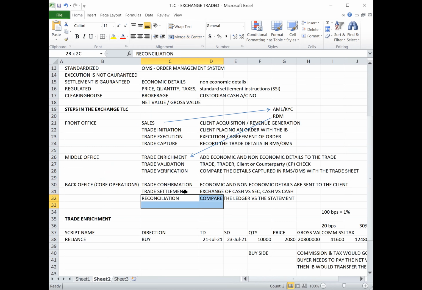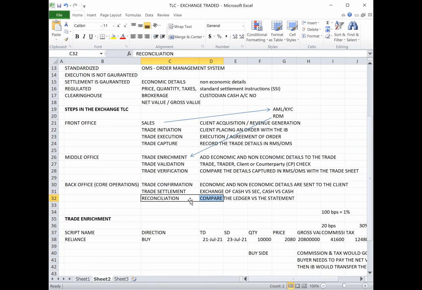Then after the trade is settled on T+2, the next day or on the evening of T+2 or on T+3, reconciliation happens. What is reconciliation? You match the ledger entries with the statement entries. Guys, if you know a little bit about accounting, you know what is a debit entry, credit entry? Yes, sir. So the investment bank would be preparing its ledger and statement entries.